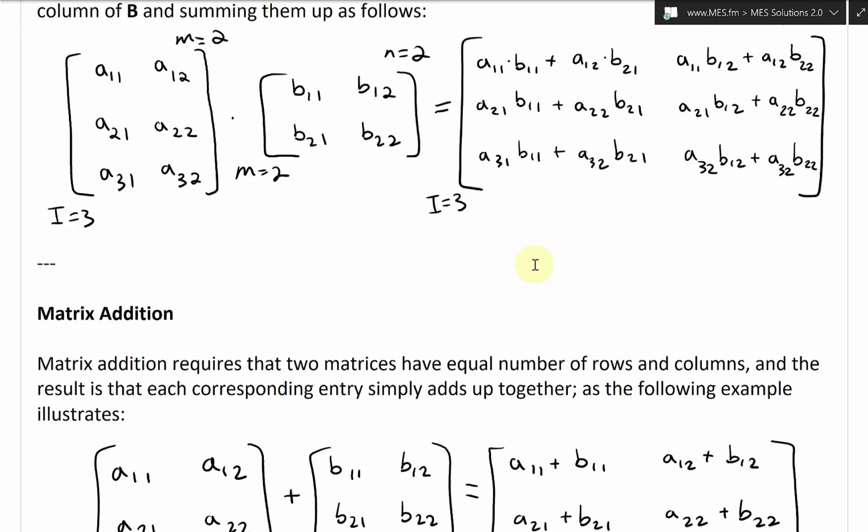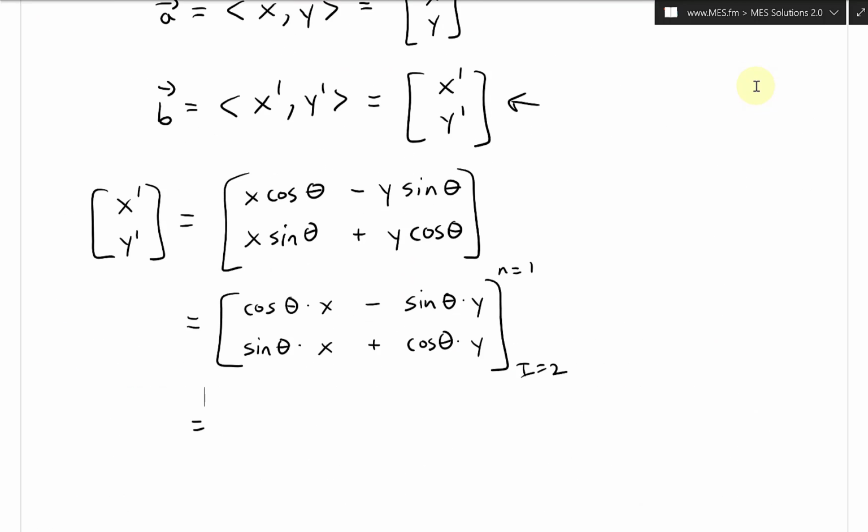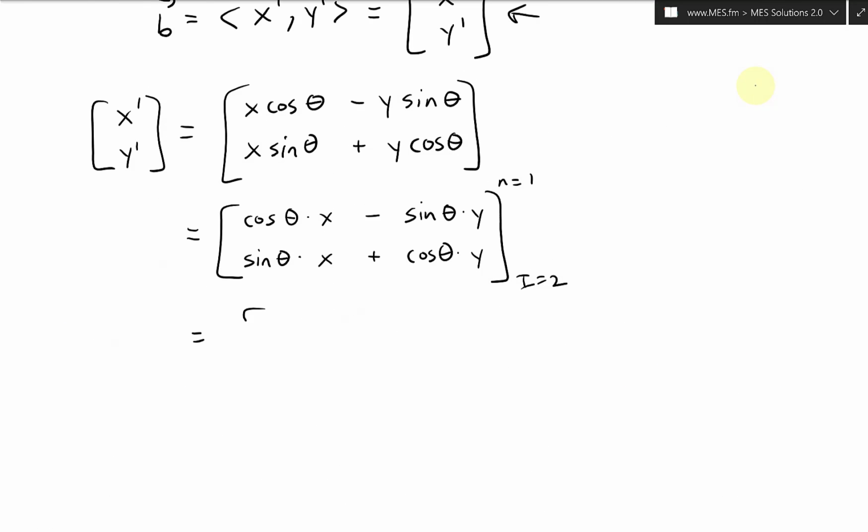Let's go back to our setup here. We have a setup like this. This one has to match the first one, so we're going to have 2 rows. And then the number of columns must match the second one. In other words, i is 2 and n equals 1.